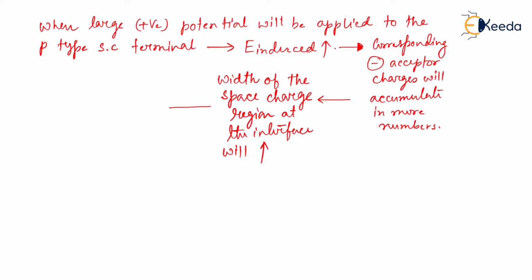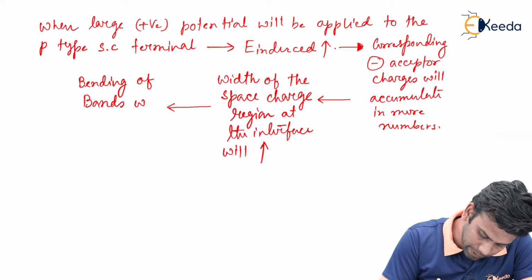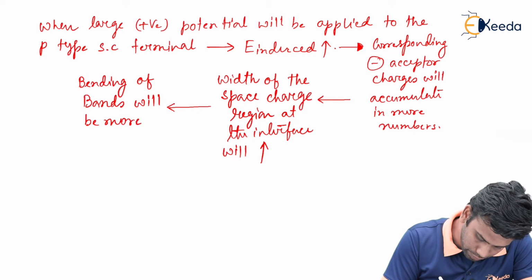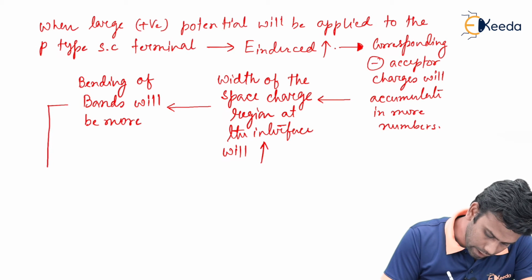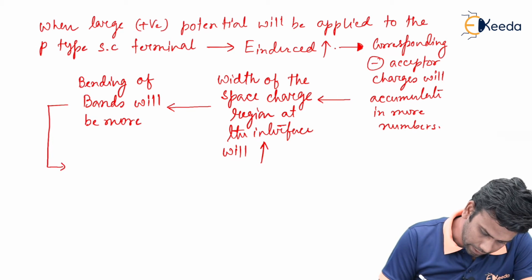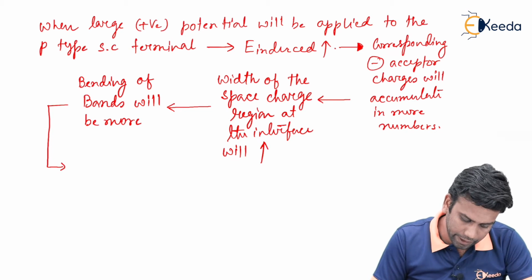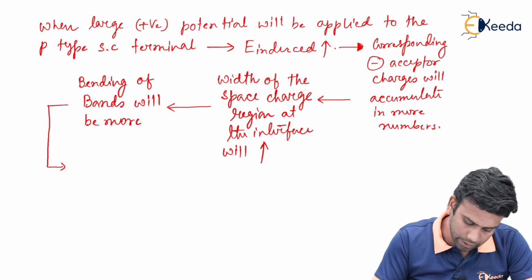and the band bending, or the bending of the bands, will be more, and then the conduction band will be more closer.